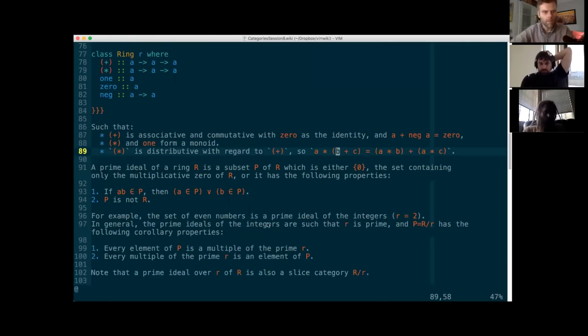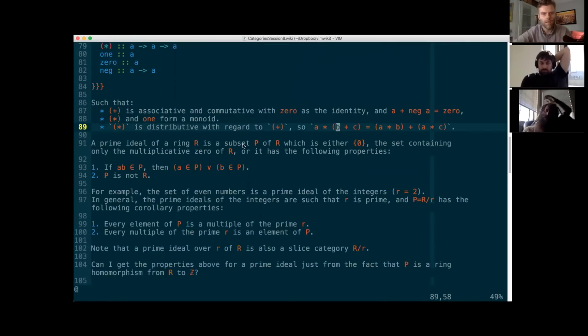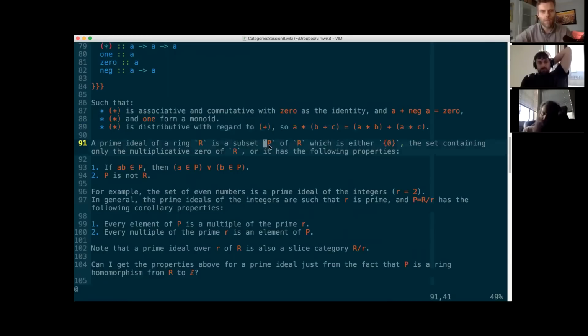Then a prime ideal of a ring is a subset P of the ring, which is either the empty set, the one element set containing just the 0 of the ring, or it has the following properties. And actually some classifications of prime ideals disallow the 0. So texts do not agree on this.